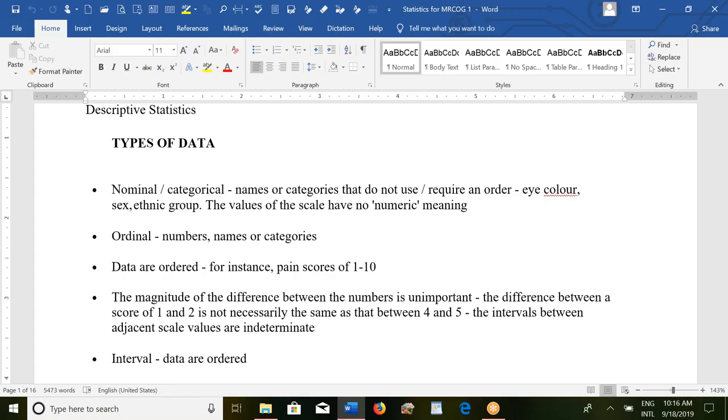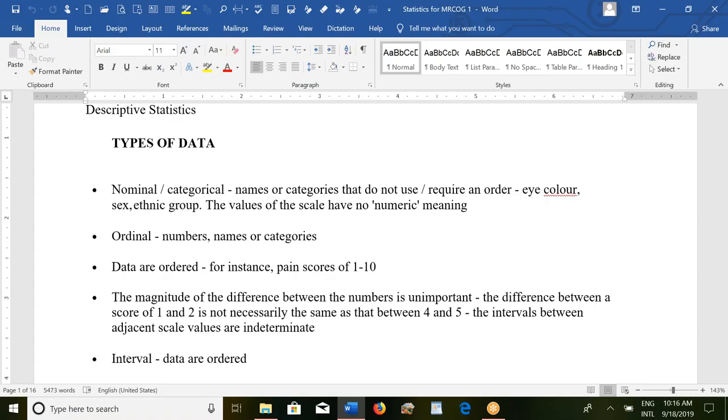Like one patient has pain at a scale of 2, the other one at a scale of 6 or 7. So they are not the same. For example, the difference between a score of 1 and 2 is not necessarily the same as the difference between 4 and 5.